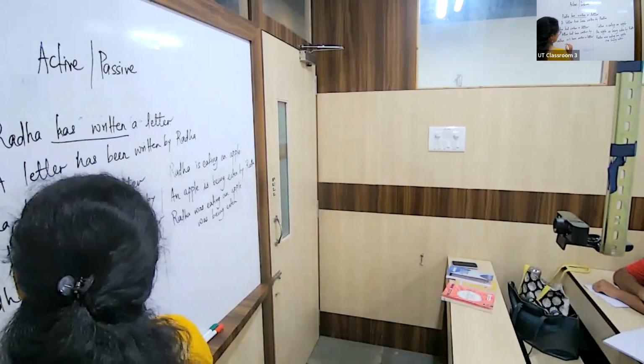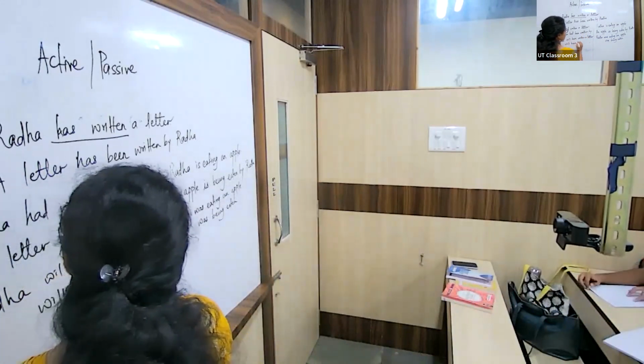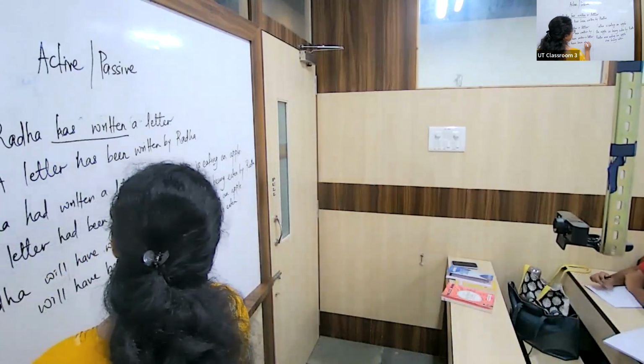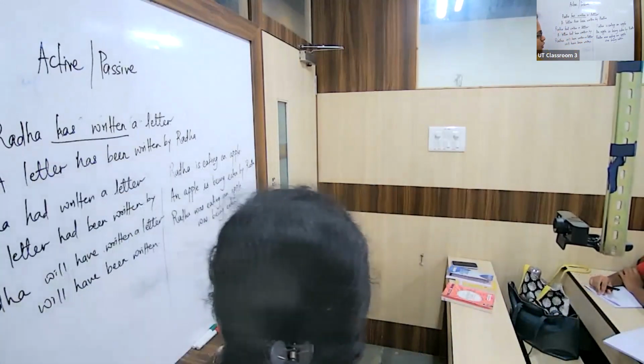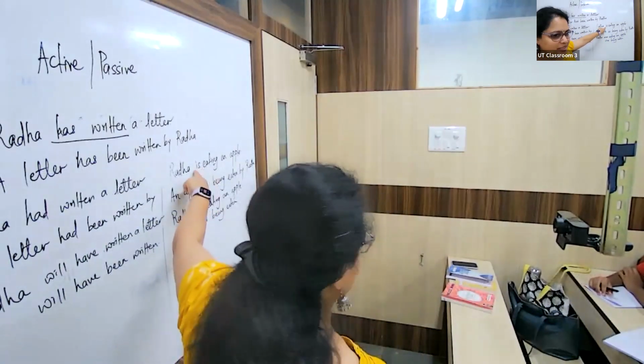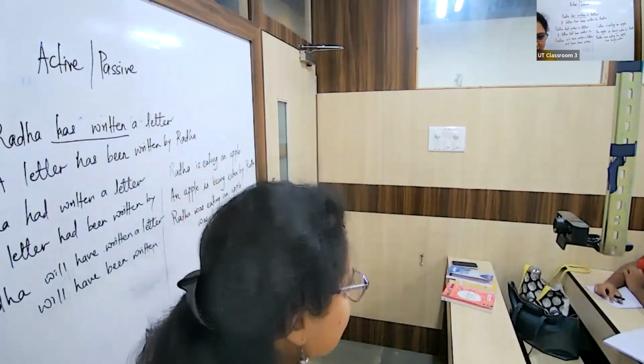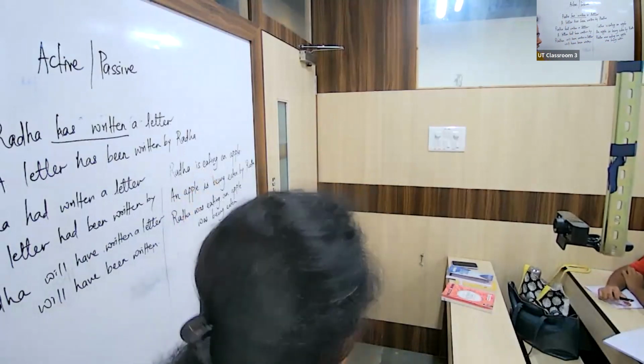So this will become will have been written. Okay. So check the tense, and then change accordingly.